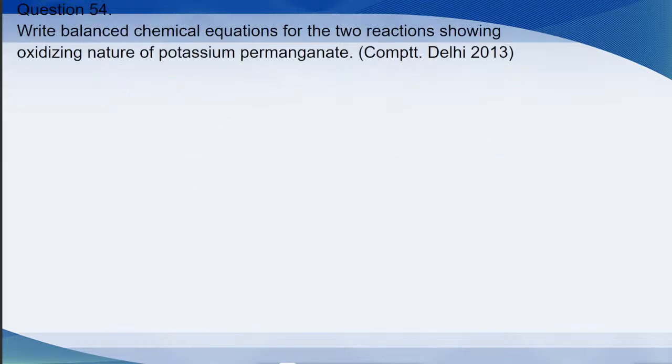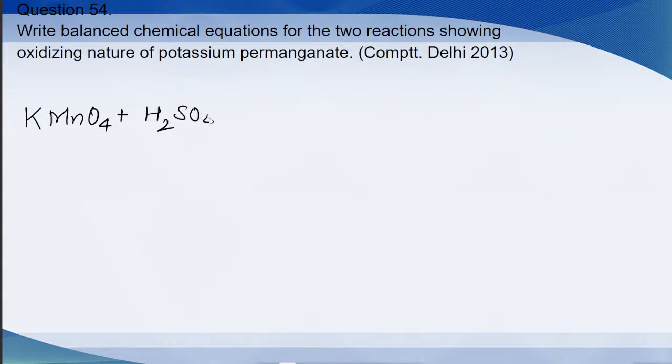Now question number 54. Write the balanced chemical equations for the two reactions showing oxidizing nature of potassium permanganate. So see, potassium permanganate, let us take it in acidic medium.